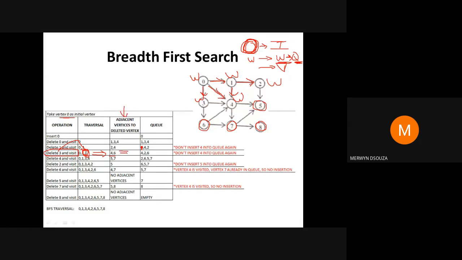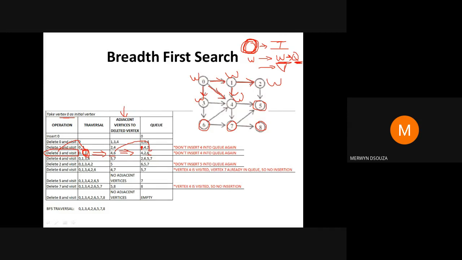Then how will you put them in the queue? Only if they are in the initial state. Among both these vertices, who is in the initial state? 4 is not in the initial state. Only 6 is. So put 6 in the queue; 4 and 2 were already there.